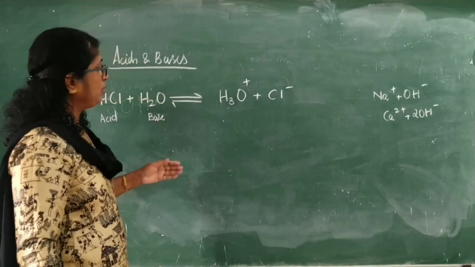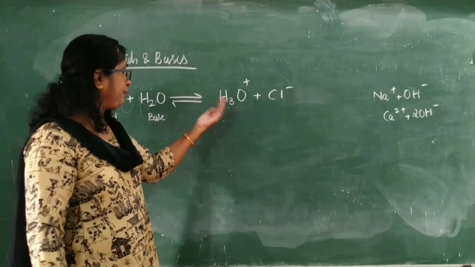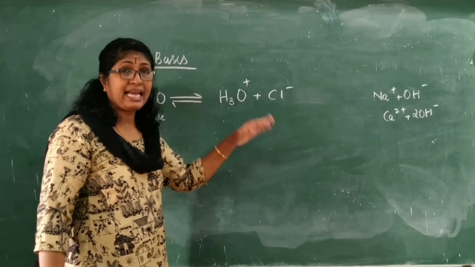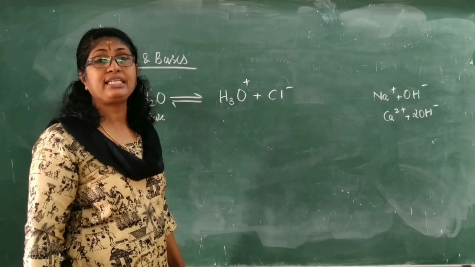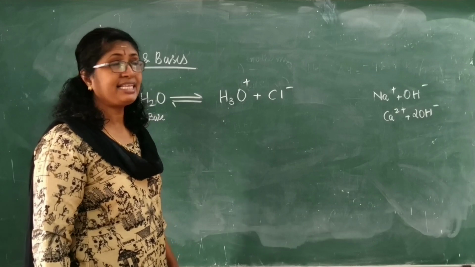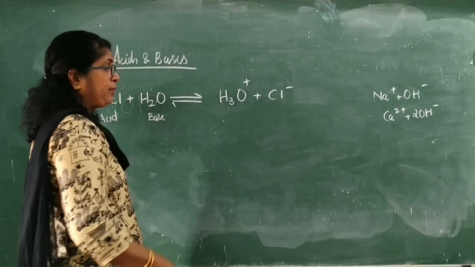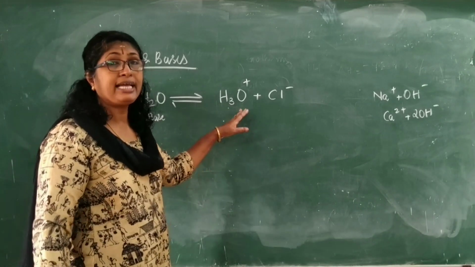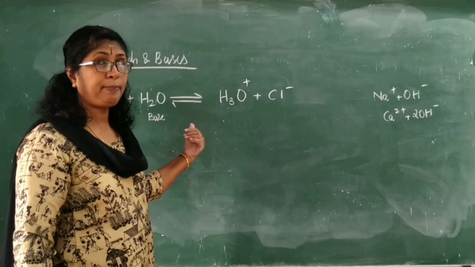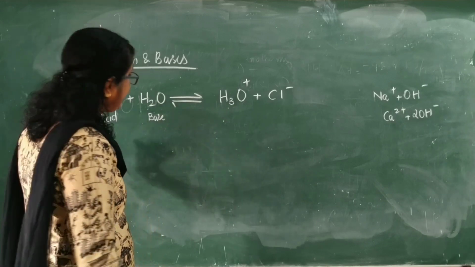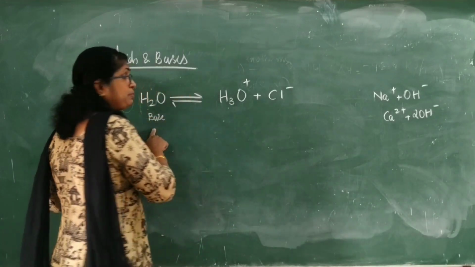Now, see, the hydronium ion can donate a proton in the backward reaction. Since it is donating a proton, it is an acid. So here you see, the water molecule accepts a proton and becomes a hydronium ion. The hydronium ion can donate a proton, so it is the conjugate acid of this base.